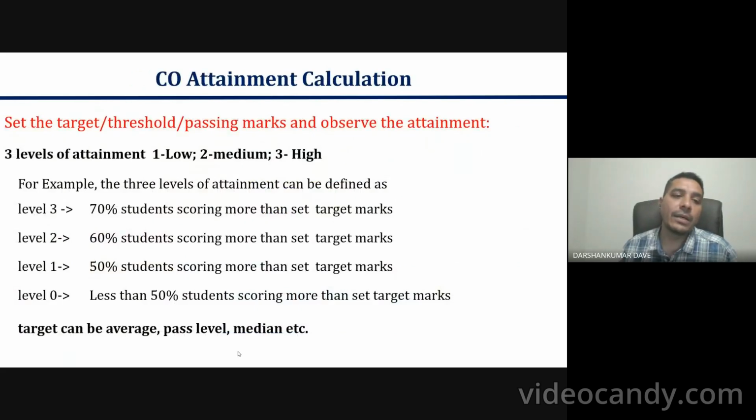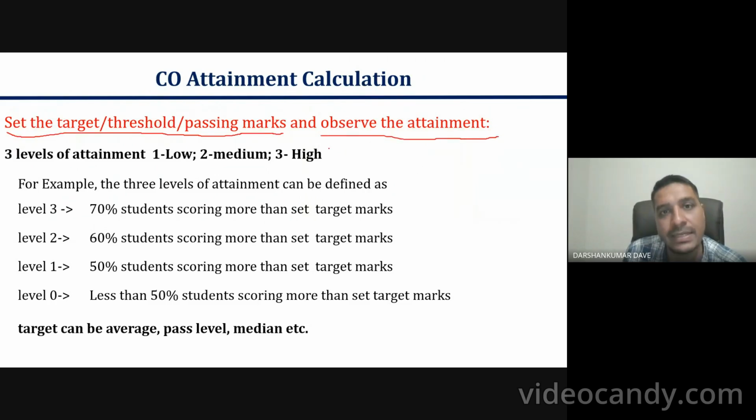How do you begin the CO attainment calculation? So again, we set the target. Okay, here are the targets. First, we set the target or threshold value or passing marks, whatever we call it. And we observe the attainment, whether my course has attained that level or not. For example, for a particular course, level 3 is 70% of students or more securing the target marks.